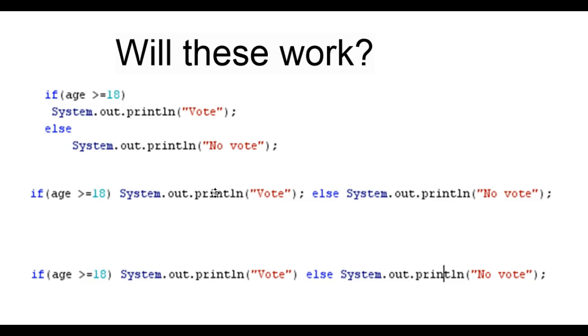Just said that. But it does require semicolons. It's missing the semicolon right here at the end of vote. So this statement will fail. It will not compile. You have to have the semicolons there. So Java's particular about brackets, curly brackets. Java's particular about semicolons, not particular about white space.